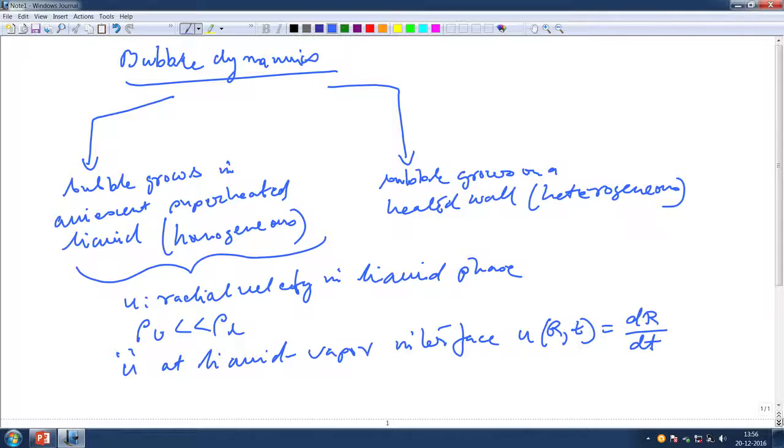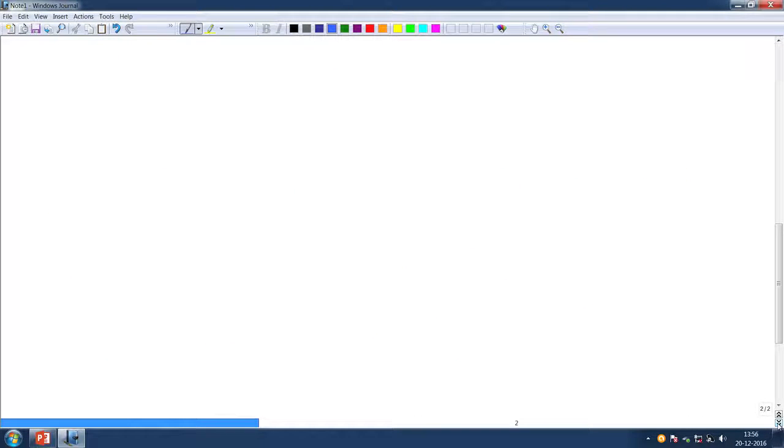Now, integrate the continuity equation that we had.